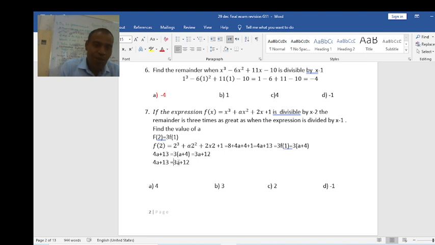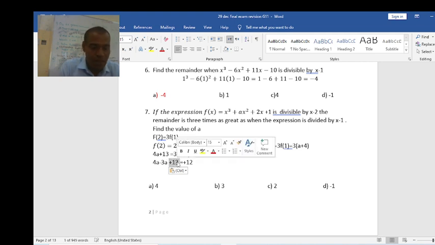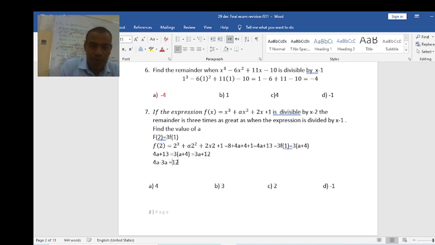Now I will try to collect like terms. This 3a, I will write it here. I will make minus, and then plus 13, I will transfer that. It will be negative 13. Okay, it will be 12 negative 13. 12 negative 13, my learners, is minus 1, and 4a minus 3a is a.